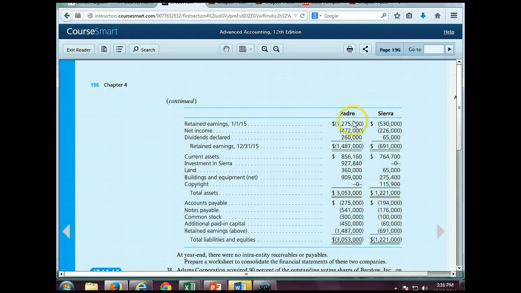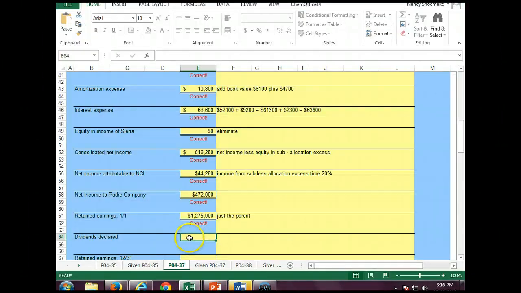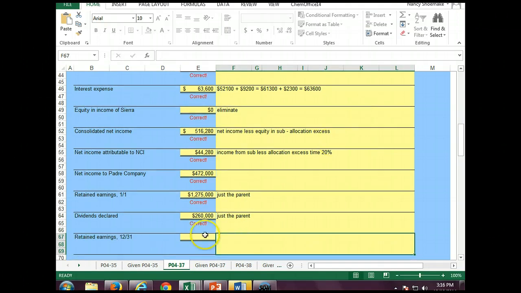Just the parent, 260, right? Anything intra-equity we get rid of. Just the parent. How about the retained earnings at the end of the period? Wouldn't it be just the parent's there too?